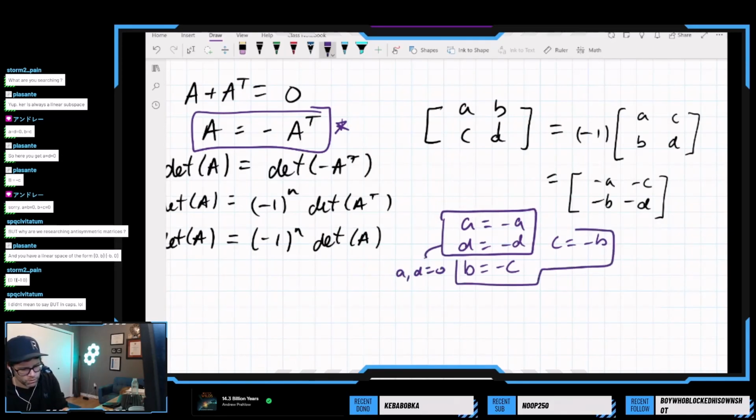And these other two tell us that these numbers have to be opposites of each other.